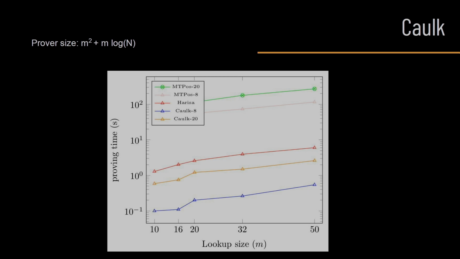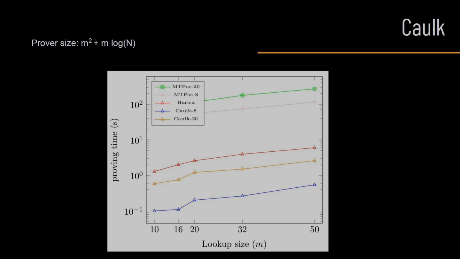For lookup tables, we are not isolating one element, but a bunch of them, so we try numbers from 10 to 50, small sets. The color of the line represents the size of the big set. So the blue line is public sets of size 2 to the 8. If my public set has size 2 to the 8, we go from 10 elements to 50.